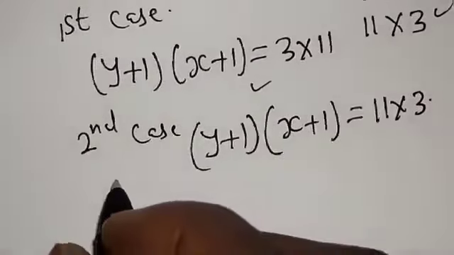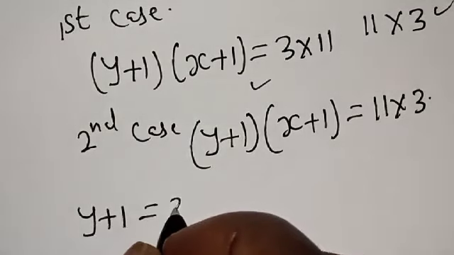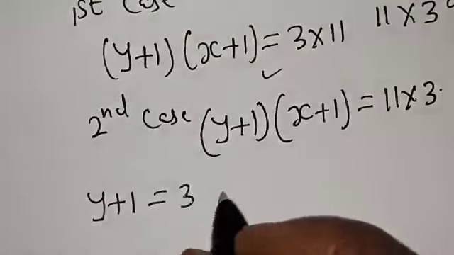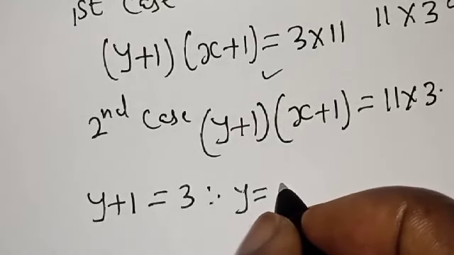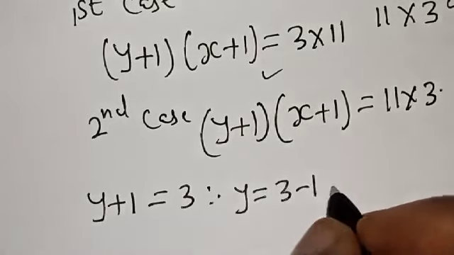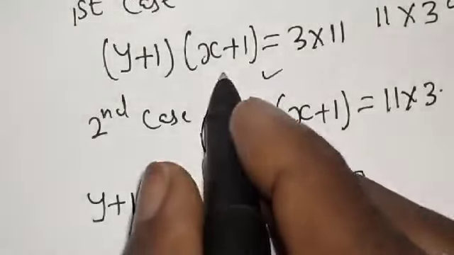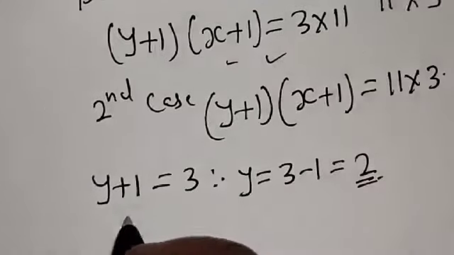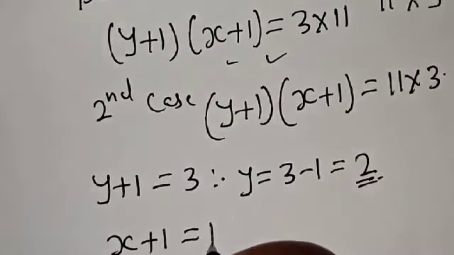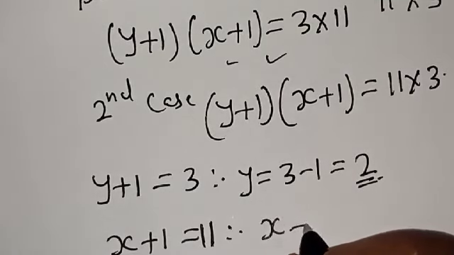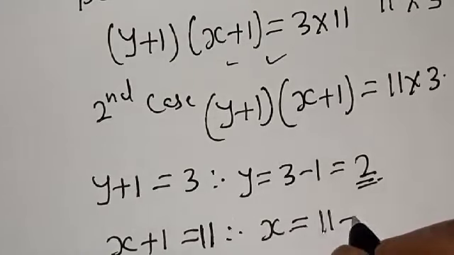The first case is what? Y plus 1 is equal to 3. Then therefore y is equal to what? 3 minus 1, which is equal to 2. Then also from here, for this one, we have x plus 1 is equal to 11. x is equal to 11 minus 1.